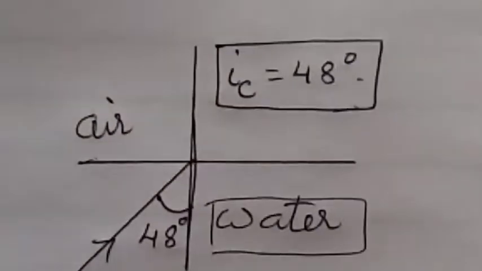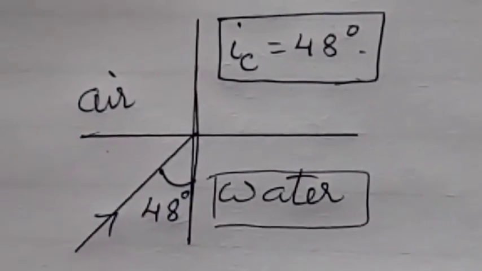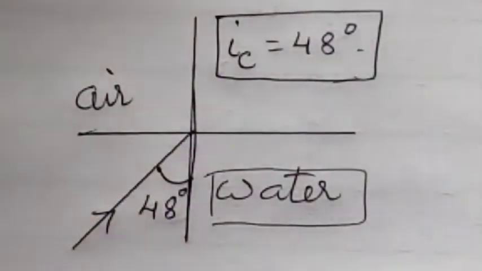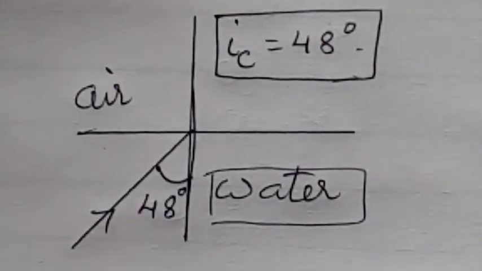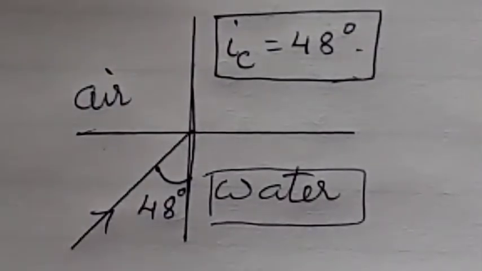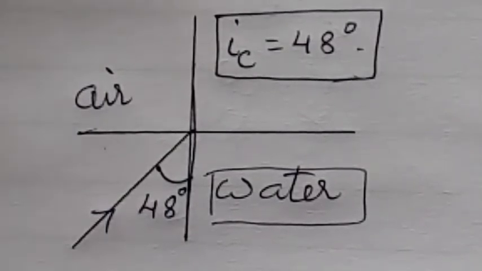Now we have another situation here. The angle of incidence is given to be 48, and the ray of light is going from water to air at an angle of incidence equal to 48 degrees, and given the critical angle for water is 48. Now how will this ray move?